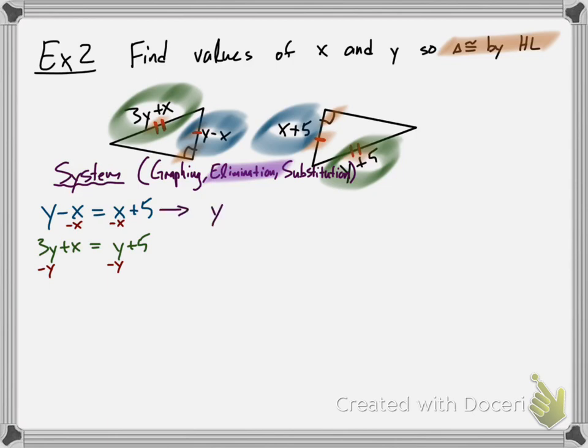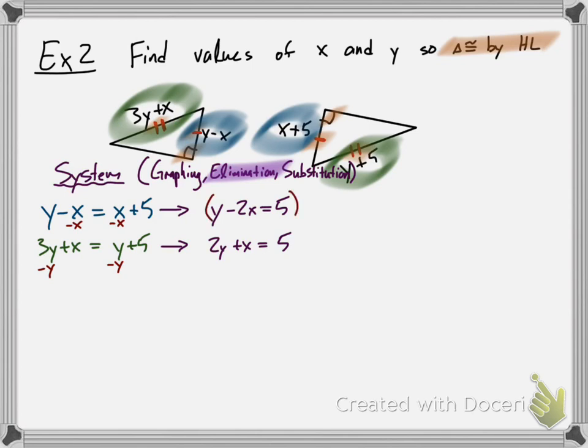And we end up with y minus 2x equals 5. And 2y plus x equals 5.